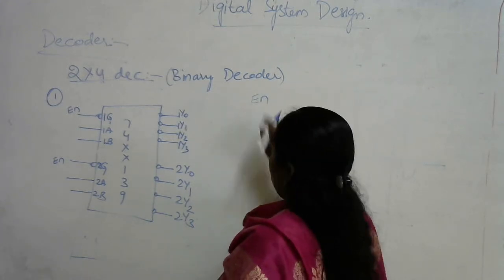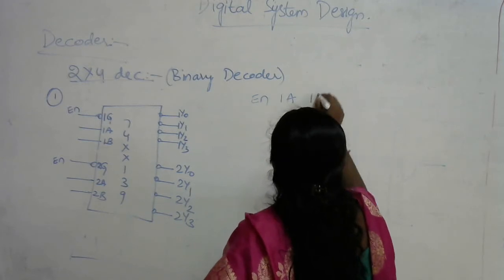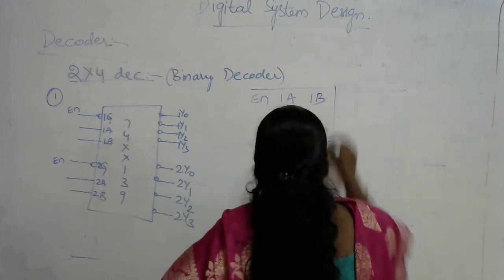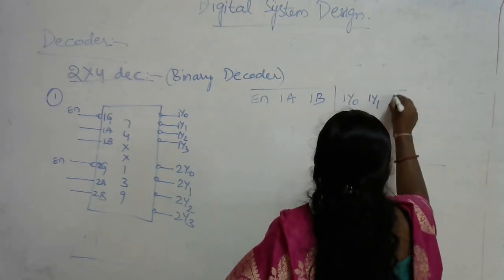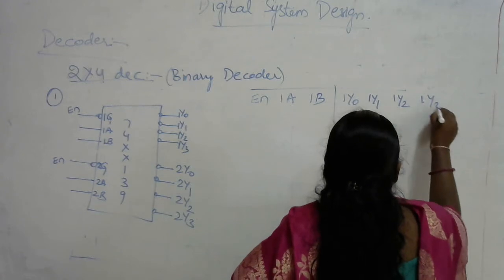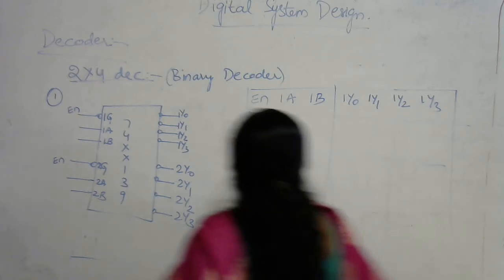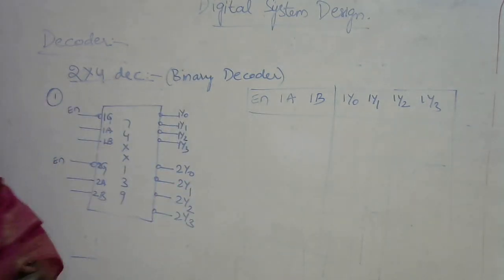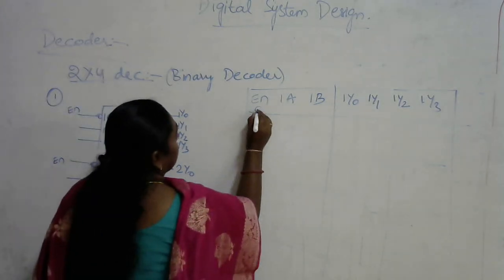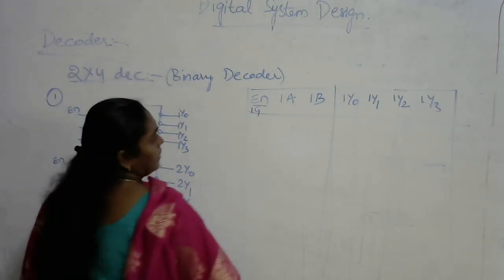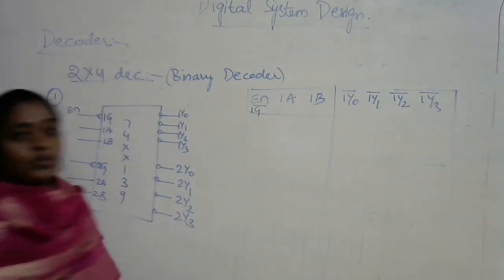So here enable followed by 1A 1B, these three are the inputs and the outputs are 1Y0, 1Y1, 1Y2 and 1Y3. Now coming to this, as enable pin is 1G and as it is an active low, here I am representing it as G bar, or 1 G bar. Similarly, as all these are active low, I am keeping a complement for those outputs.